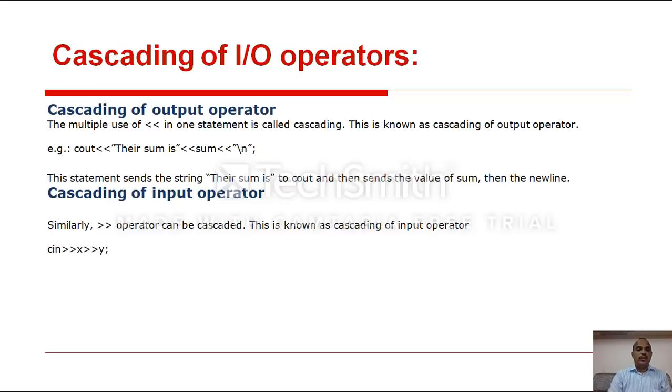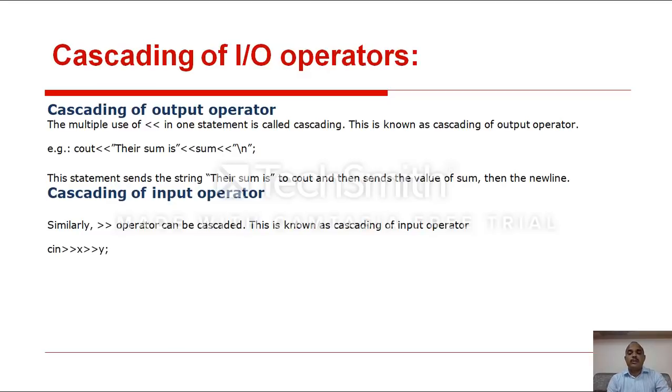The control string is "their sum is", and the argument is sum. But here there is no need to use format specifiers. So cout, "Their sum is", sum, "\n" is the output statement, and this is the input statement.